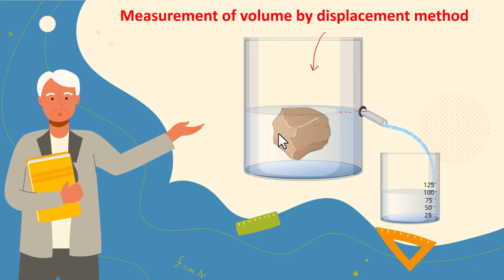The water begins to displace its volume. The object that you throw in here is basically taking up the space that was previously occupied by the water. Then you need to calculate the amount of water that is displaced here by using the measuring cylinder which is placed here. In this case, you can easily find out the volume by using the displacement method.